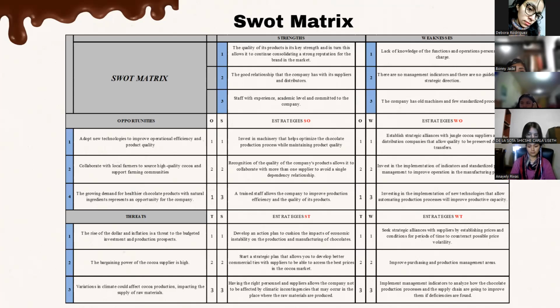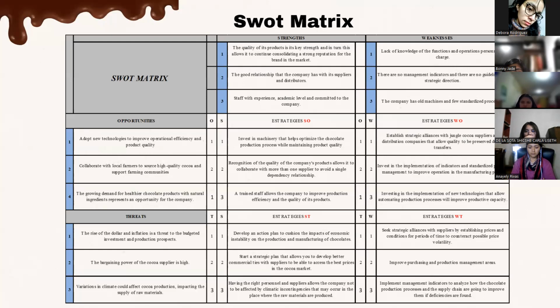And then we consider, for example, a strategic investment in machinery that can help us optimize the chocolate production process while maintaining product quality. Invest in the implementation of indicators and standardized process management to improve operation in the manufacturing plant.